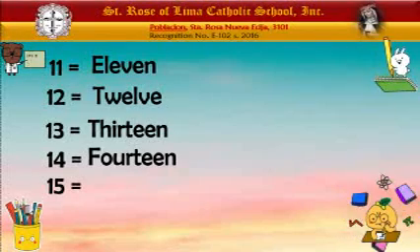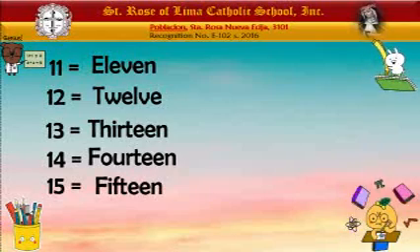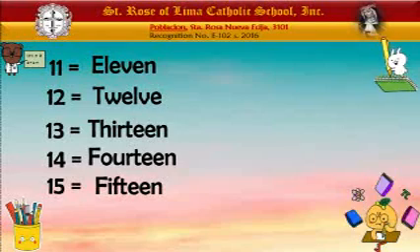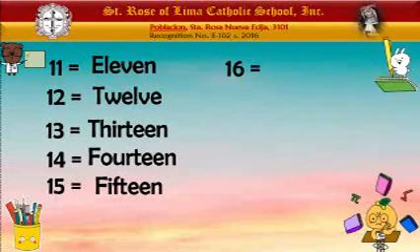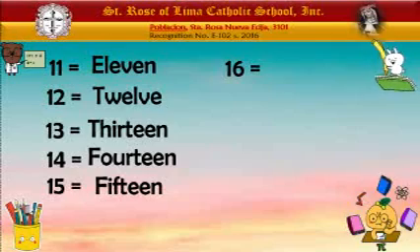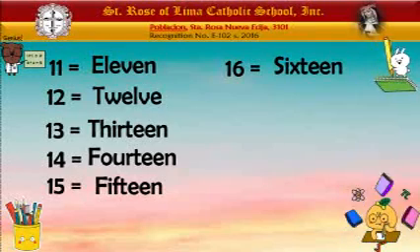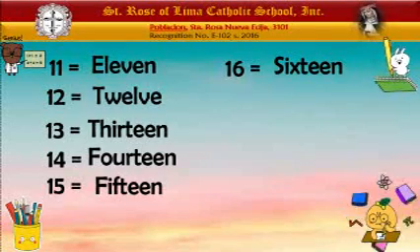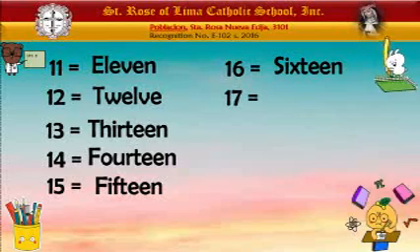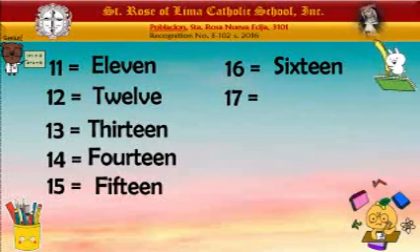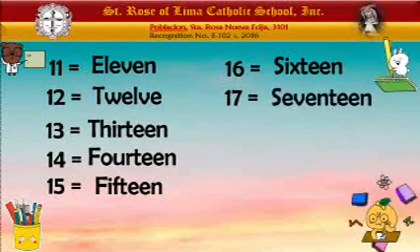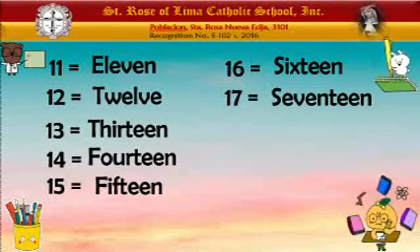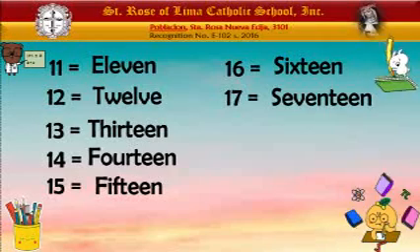And the next one, we have the number 15. And the spelling of number 15 is F-I-F-T-E-E-N. Next, number 16. And the spelling of number 16 is S-I-X-T-E-E-N. And number 17, the spelling of number 17 is S-E-V-E-N-T-E-E-N.